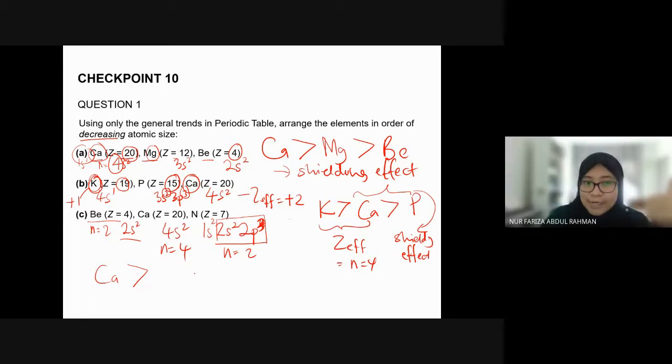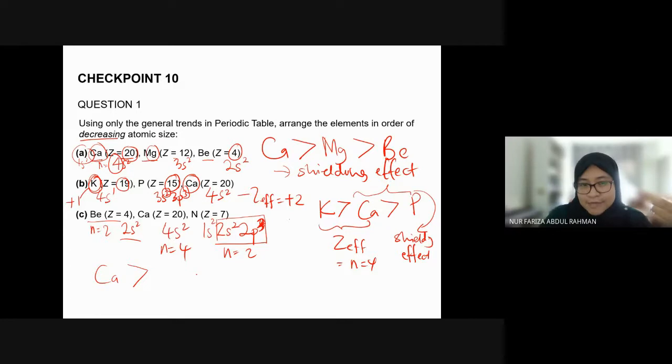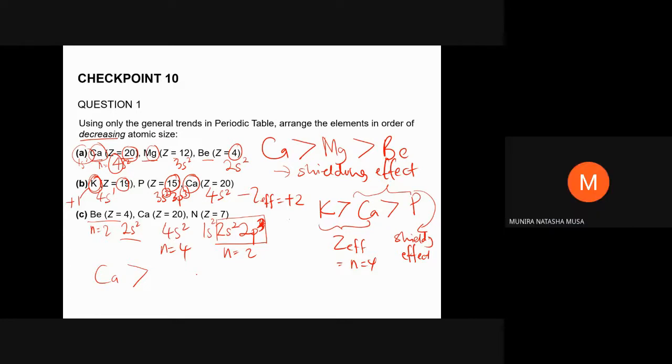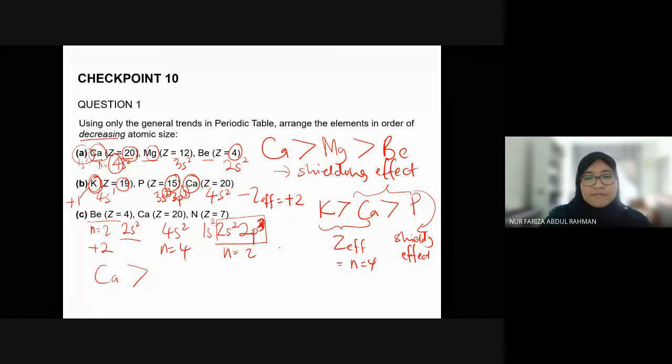Okay, based on what? How do you know it's beryllium? Z effective. What's the Z effective for beryllium? +2. Yes. How about nitrogen? +5. Okay, very good. The Z effective for beryllium is +2, and for nitrogen is +5.